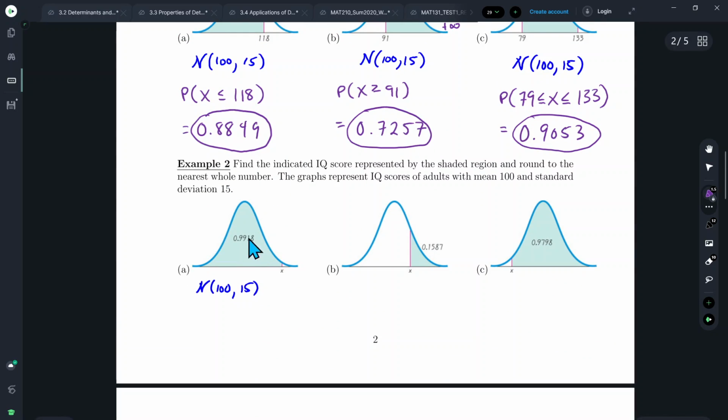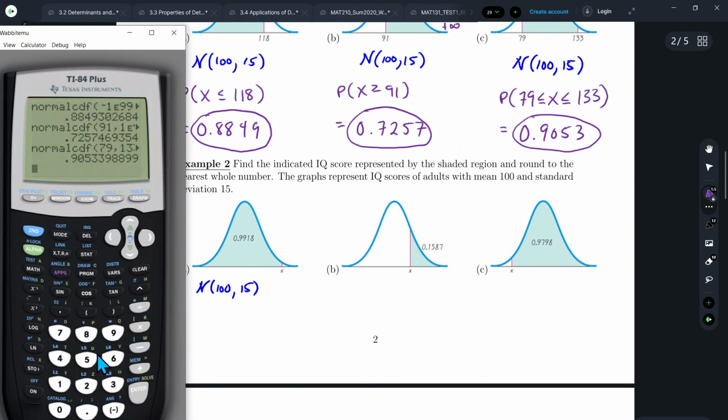So in the problem A here, it's already shaded to the left, so I don't have to do anything special with the inverse norm command. I can enter it like it is, right? Because area represents the left area, right? Which in this case would be 0.9912. The mean is 100. Standard deviation is 15. And then I can just calculate it to get 135.99, but then we round up so that it goes to 136.